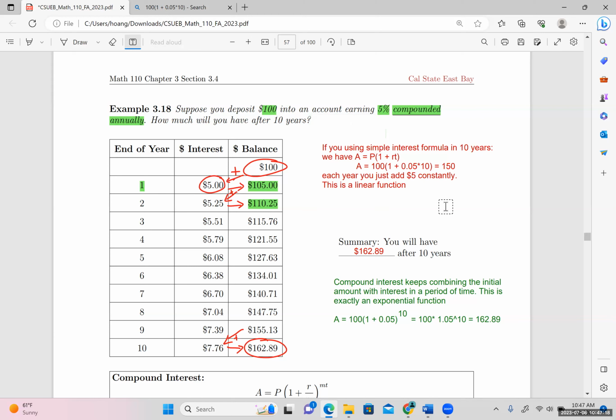It's just $5 constant. Even though it uses the rate of 5%, it always applies that 5% to only the initial amount and doesn't combine it, so that doesn't make an exponential function.